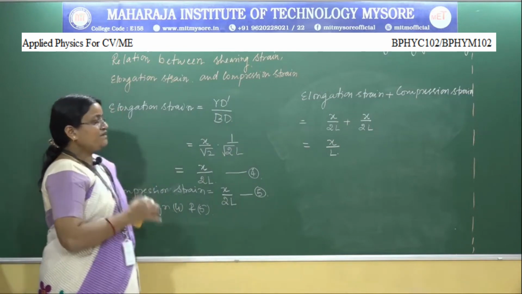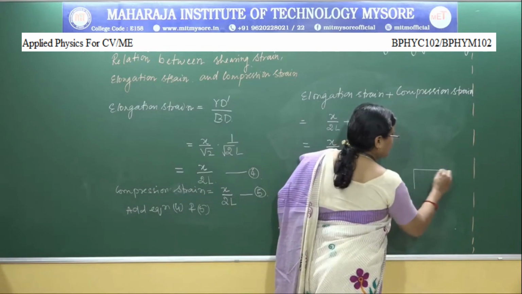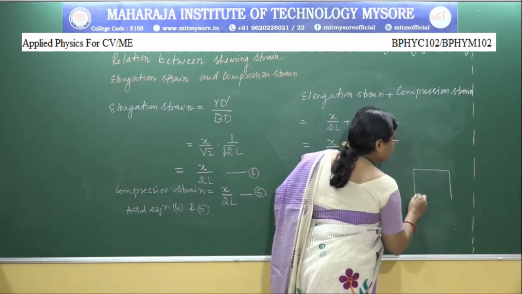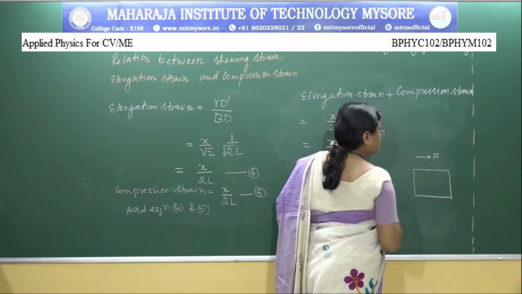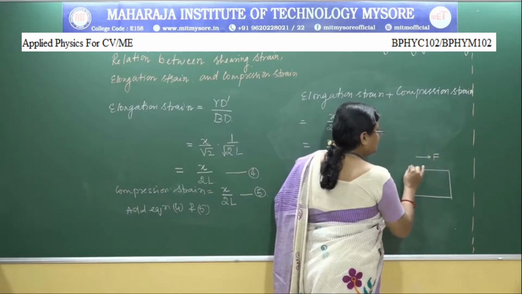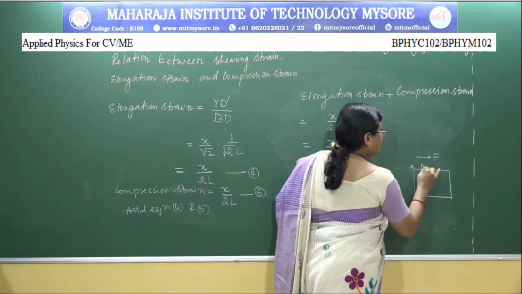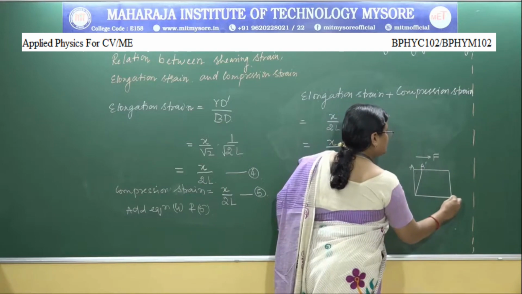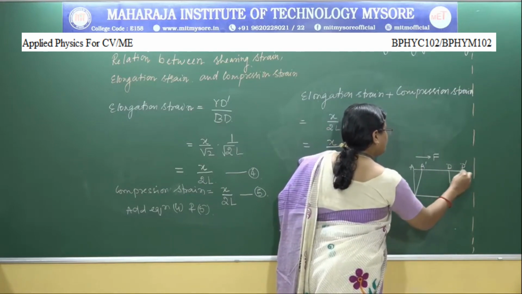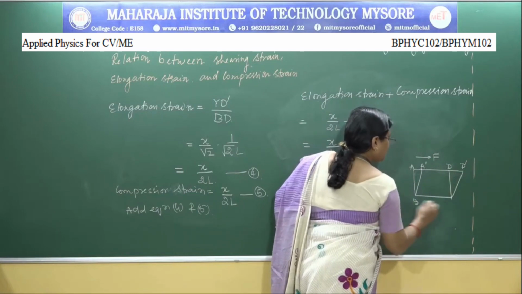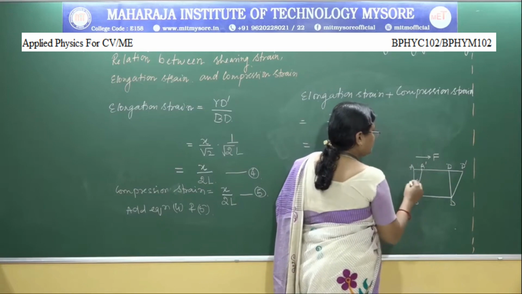Now from the previous explanation of rigidity modulus, I had explained earlier that if we apply the force on the upper surface of the cube, then the change in position is A to A dash and D to D dash by an angle theta.